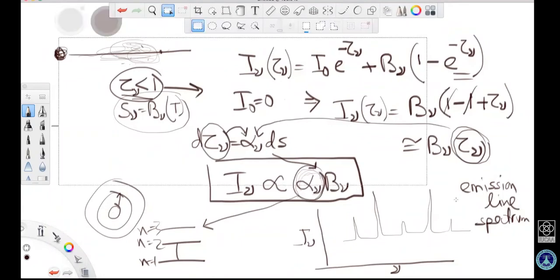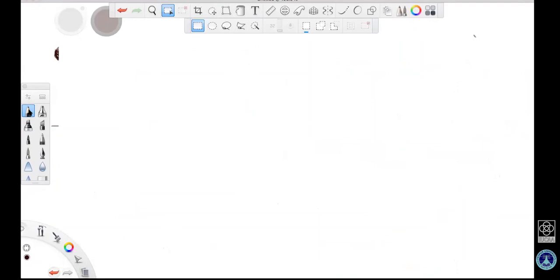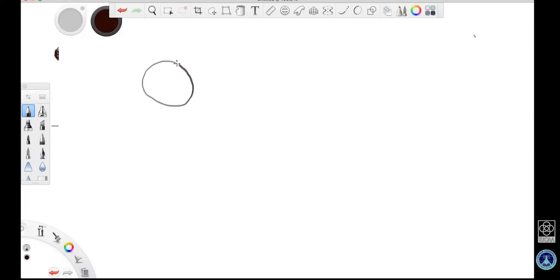I want to make a model of a star, where I have two parts. One that I call the inner star, at a temperature, say Ti, and an atmosphere, an outer layer, at a different temperature, T out, TO.